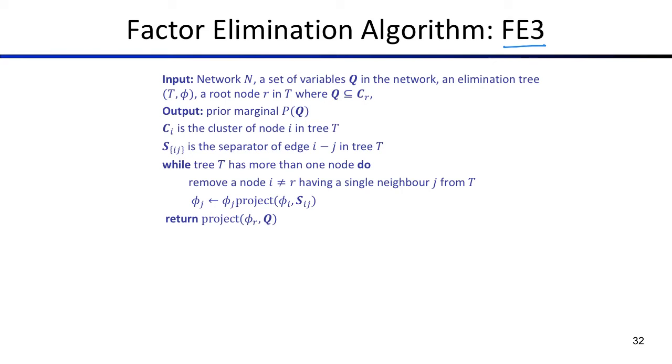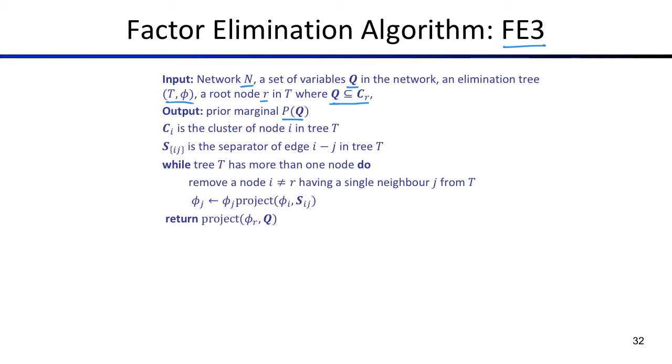So we have as input the network, the query variables Q, and also the root node R, with the observation that the variables that belong to the query must be a subset of the cluster that we have at node R. And I'm going to compute the prior marginal P of Q, so we're still not dealing with evidence yet.